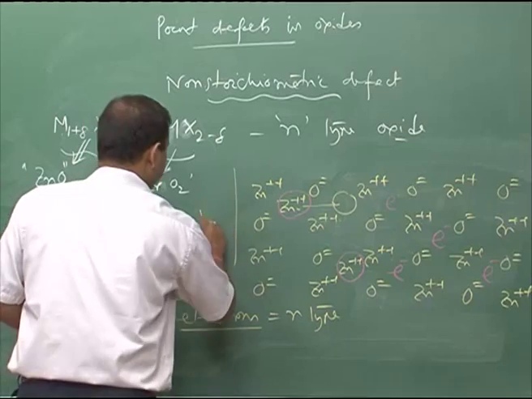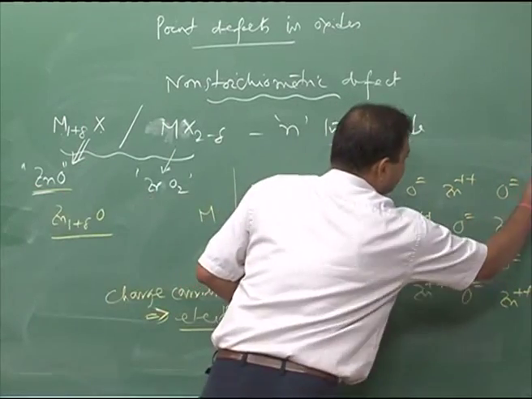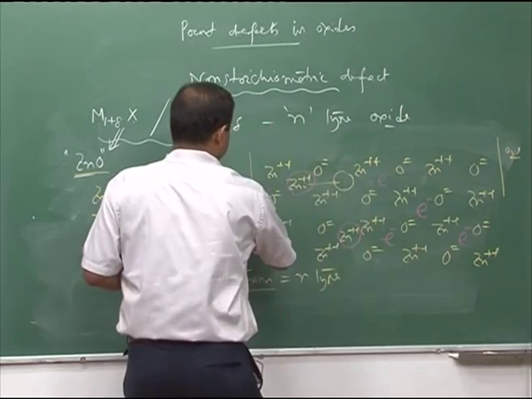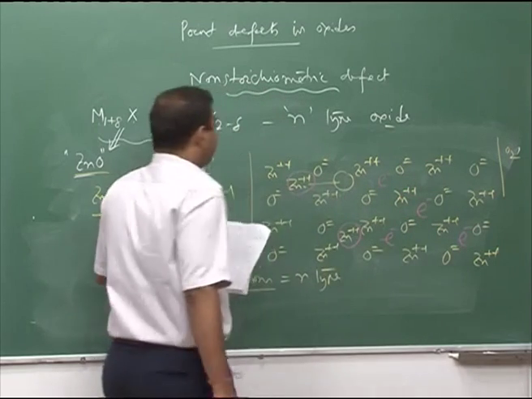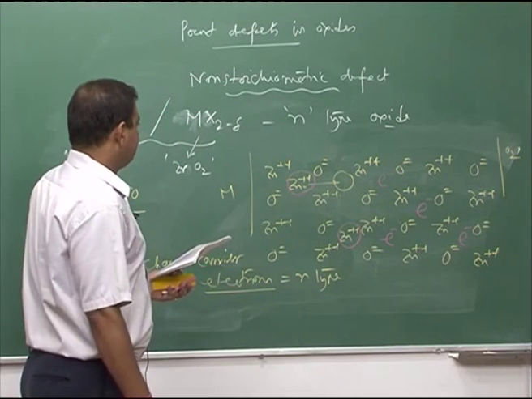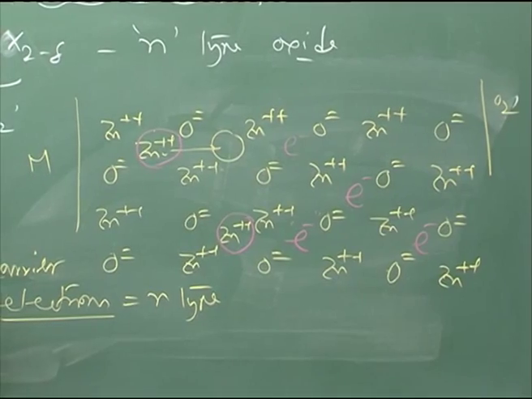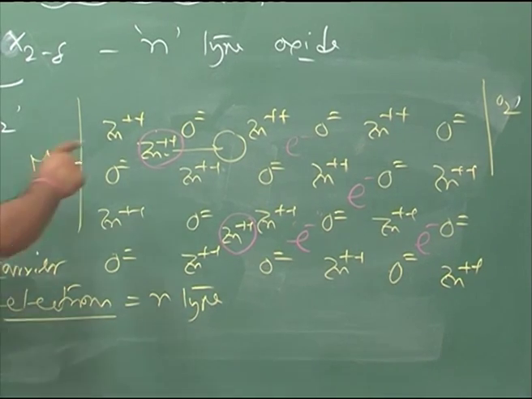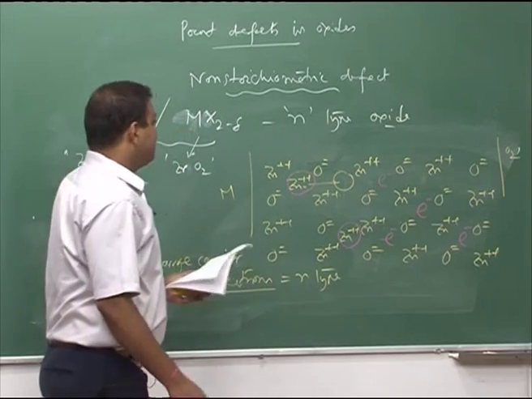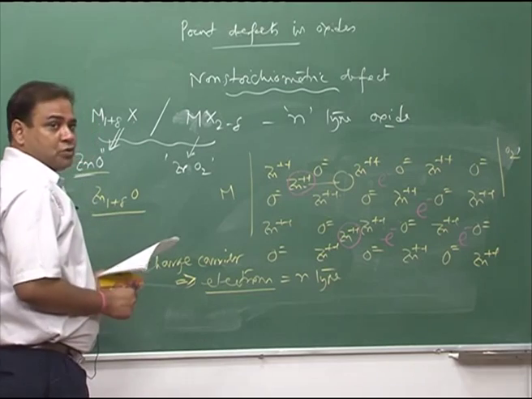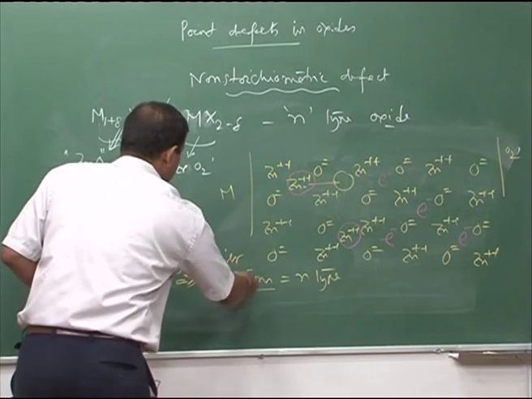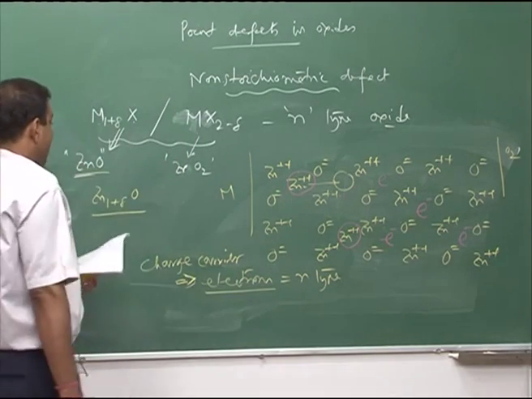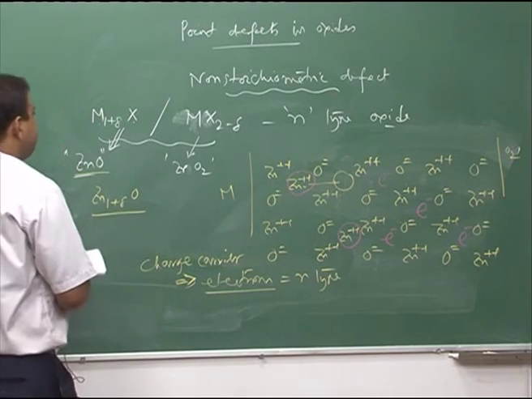If we consider this is the metal surface and this is the oxygen surface, then this way the diffusion would take place. So, the interstitial movement of those cations would be the diffusion control step, the charge carrier is basically the electron, and this is n type oxide.